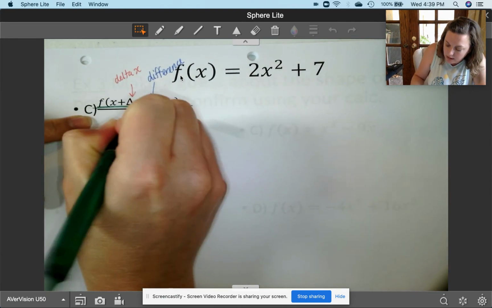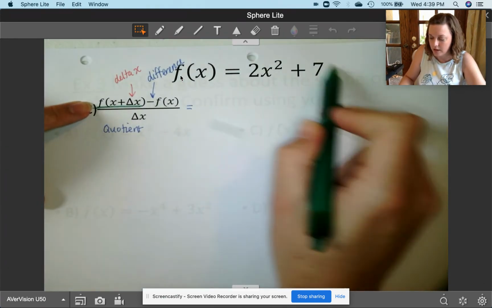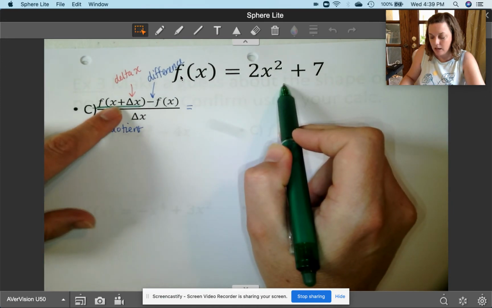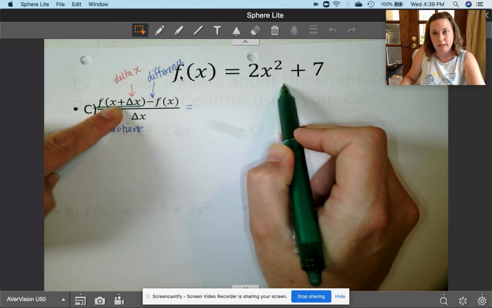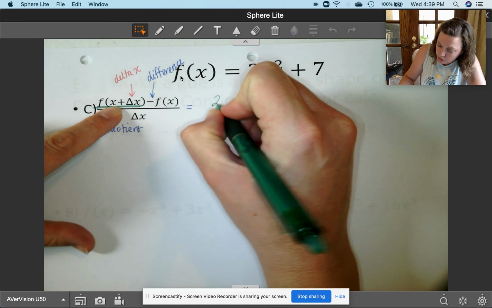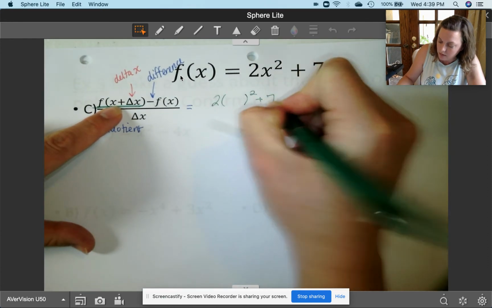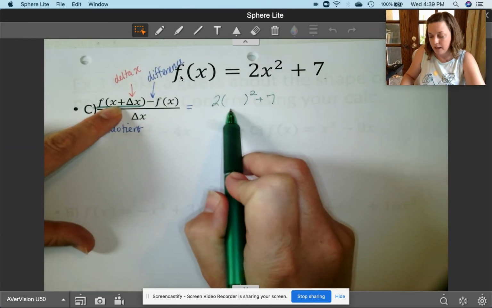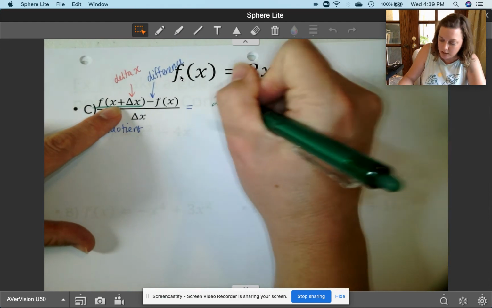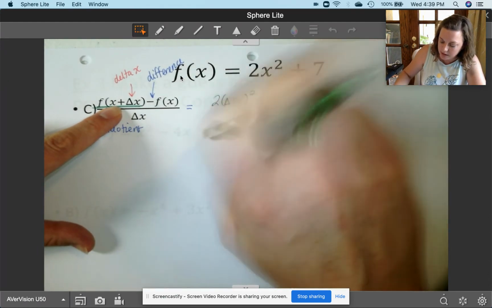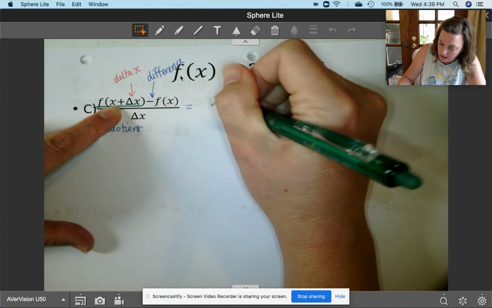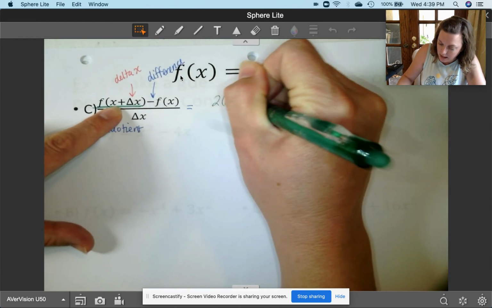I'll do in green. So this says go to your f function. There it is right there. And replace your x's with x plus delta x. So I'm going to write f, my function with a blank space. And in that blank space, we're plugging in x plus delta x.